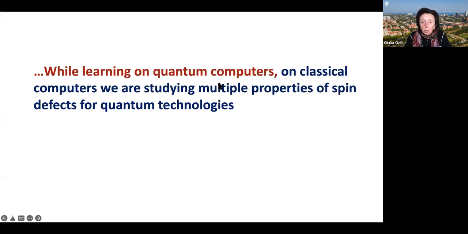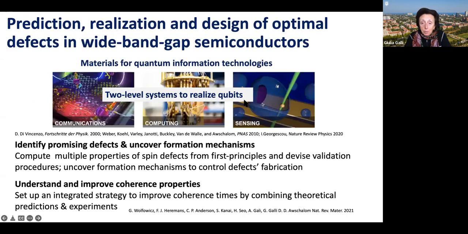So on the classical computer, we want to study two-level systems to realize qubits for different quantum technologies. The first papers that started talking about this were more than 20 years ago, David DiVincenzo, and then 10 years ago, Van de Walle and Awschalom wrote down, if you have a defect in a solid, what are all the characteristics that you have to satisfy to have a qubit, and so on.